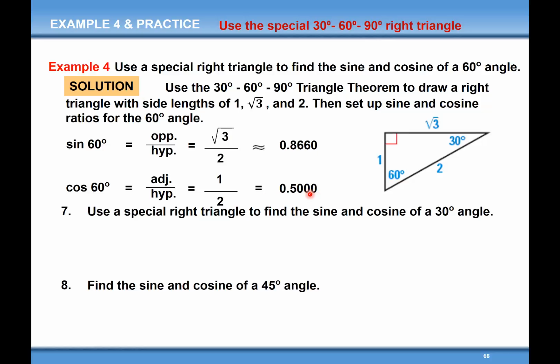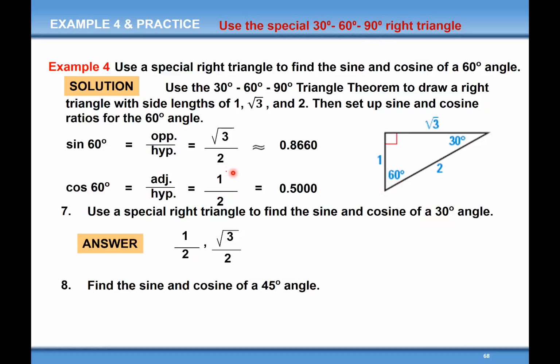Now we're going to use the special right triangle again to find the sine and cosine of 30 degrees. I'd like you to pause this for a minute and go ahead and calculate it yourself. Hopefully you paused it for a second, and now we are going to continue, and you should get 1/2 and radical 3 over 2. What I'd like you to point out here is that the sine of 30 degrees is 1/2.